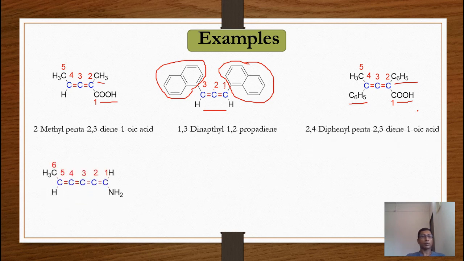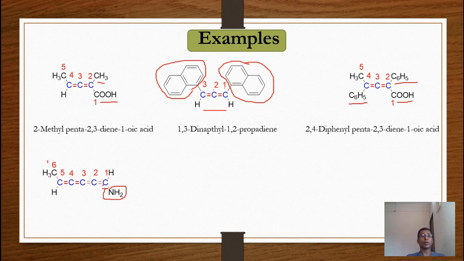In this example, you can start numbering from this carbon atom. If you start numbering from the other carbon atom, then the double bonds receive higher numbers. Here you start numbering from this carbon atom which is attached to the carbon-carbon double bond. Here one substituent is present, that is amino.